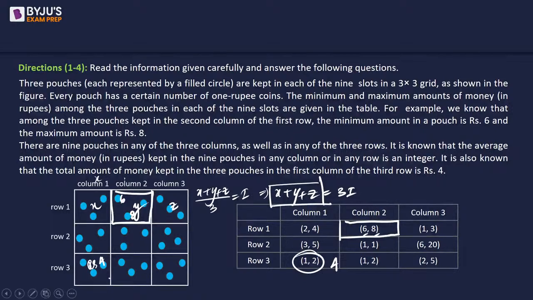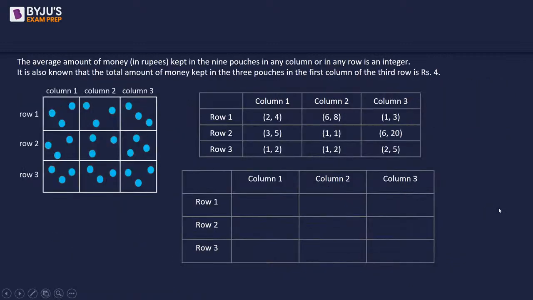We would need a table, the same as this, wherein we will be putting in how many coins or what amount we have in every pouch. So let's begin. I'll give you guys a couple of minutes to see if you can fill up some of the values in the rows and the columns in the unknown table, the missing data table.